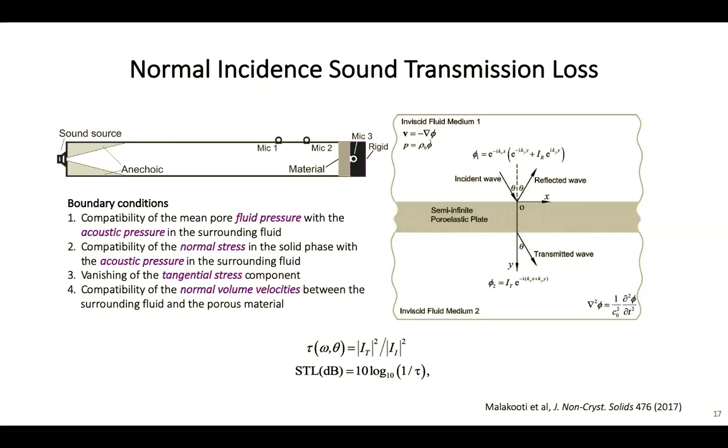For the solution in the fluid medium, we consider a scalar potential, a typical acoustic form of solution, which can be expressed in terms of two unknowns. Since we normalize the solution with respect to the incident wave, we can consider the incidence as 1. So we end up with only one unknown, the reflected wave intensity.